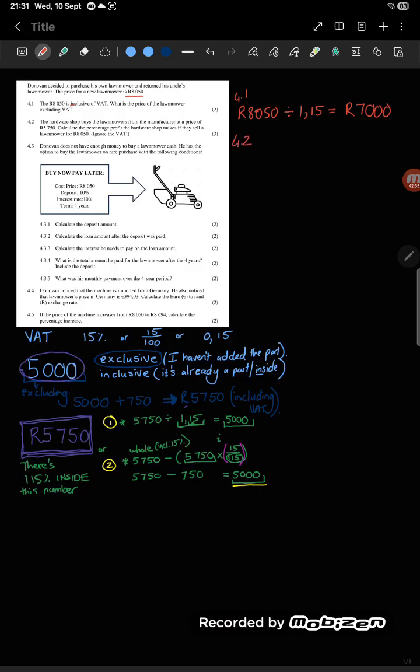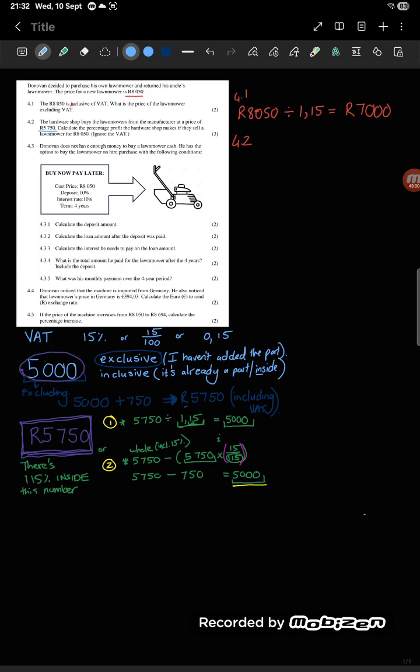4.2. The hardware shop buys the lawnmowers from the manufacturer at a price of 5,750. Calculate the percentage profits the hardware shop makes if they sell a lawnmower at 8050.